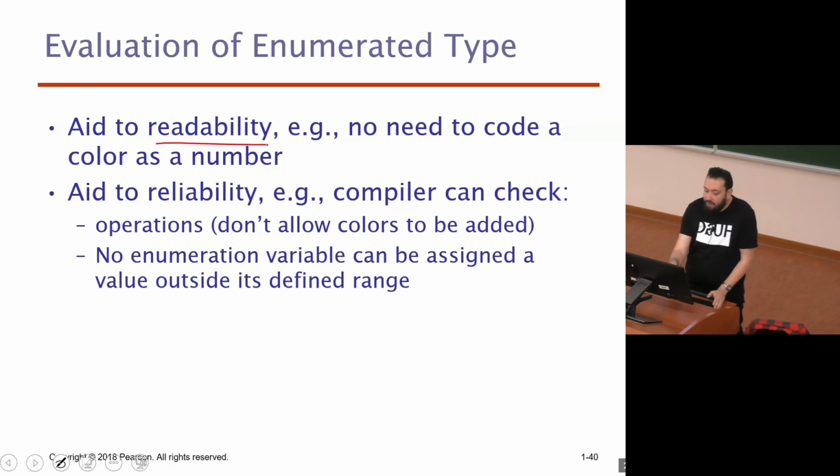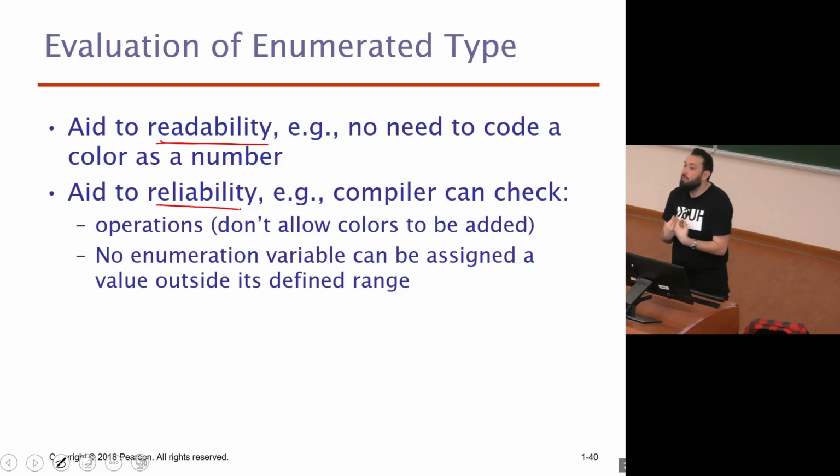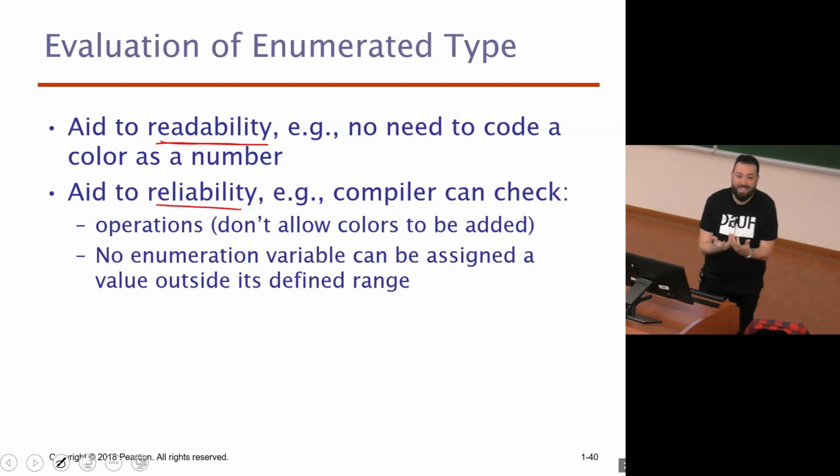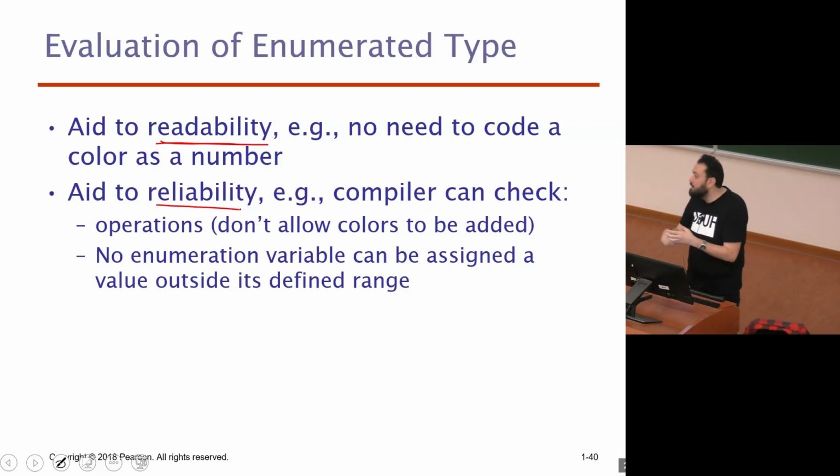And why are we always mentioning readability and reliability, guys, if you remember? In the first introduction of this course, we said that when we are examining any programming language, we usually want to check its readability, reliability, and other things, right?